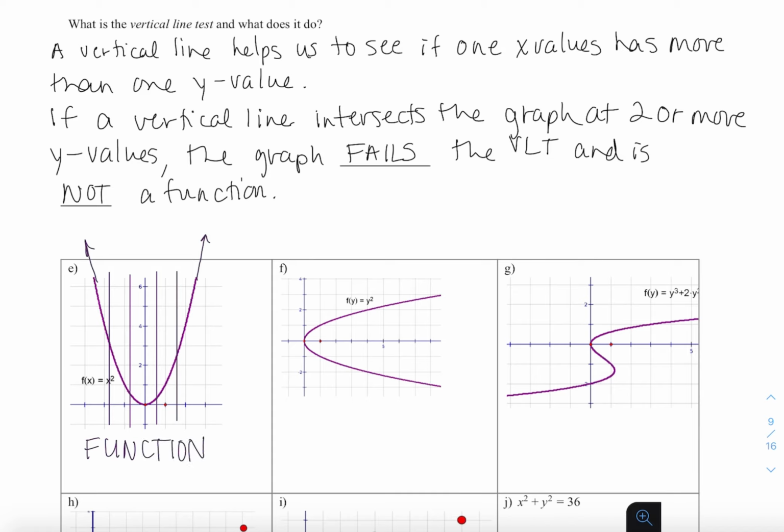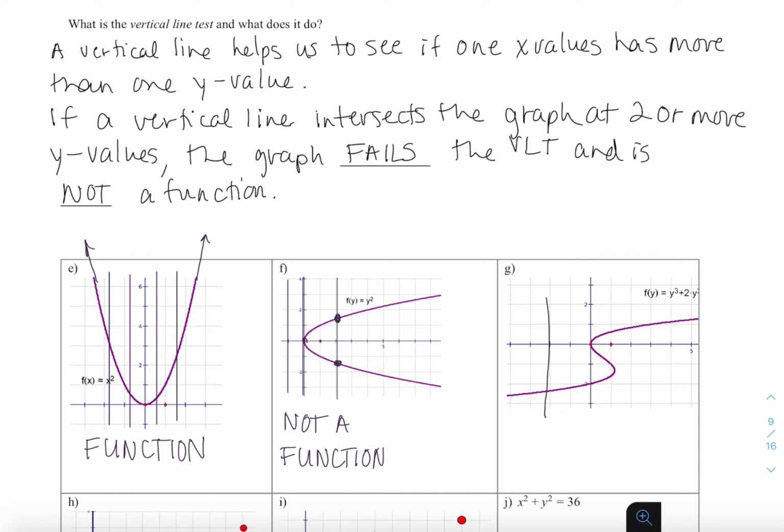For the second example, we can see, except for the lines that don't intersect the graph at all, or for one very special line that only intersects the graph at one point, all the other ones intersect at 2 points. And in fact, I only need one failure to make this not a function. Okay, same deal here.